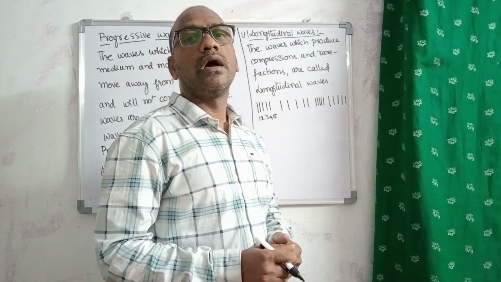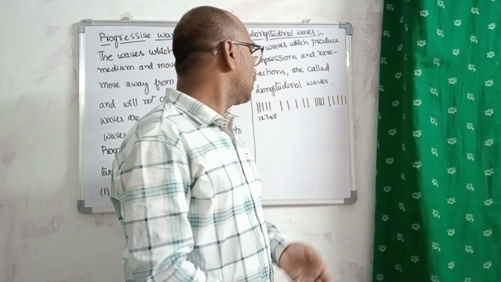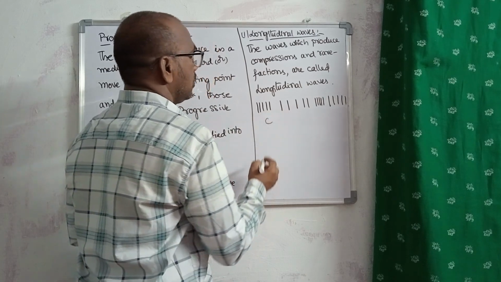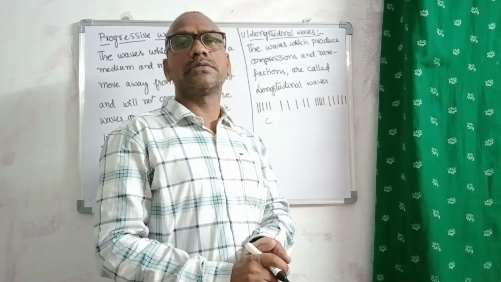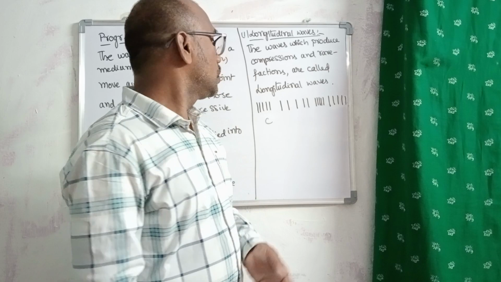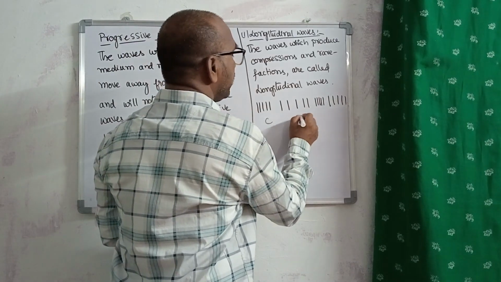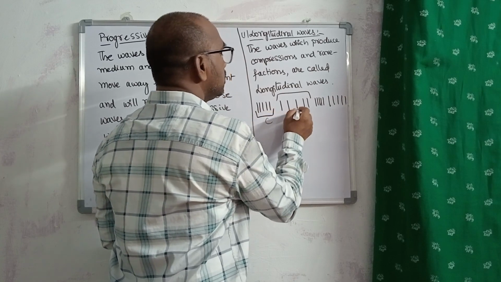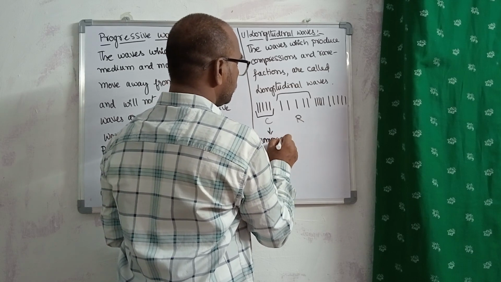Compression is denoted by C. And the region where the particles are moving away from their positions is called rarefaction. Rarefaction is denoted by R. So this is R. This is C. This is a compression.